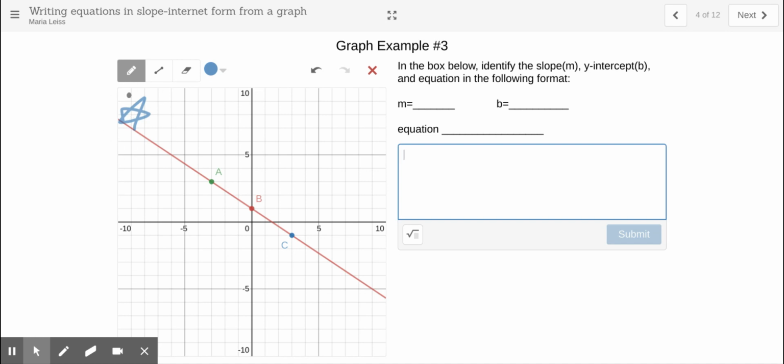Because my graph is starting on the left side and it's up here, the only place it can go is down. This line is decreasing or going down, which means that our slope will be negative.